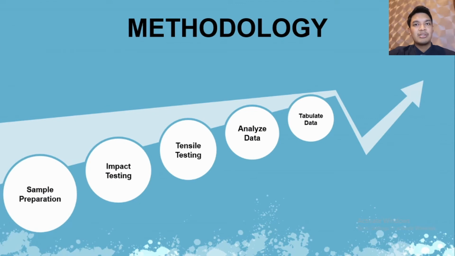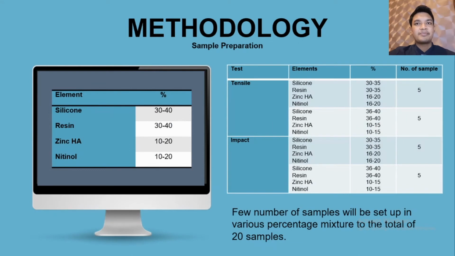Next, methodology. Methodology is a collection of methods, processes, techniques, and rules of a project. The flow of methodology of this project is from sample preparation, impact and tensile testing, then analysis and tabulation of data. Sample preparation.